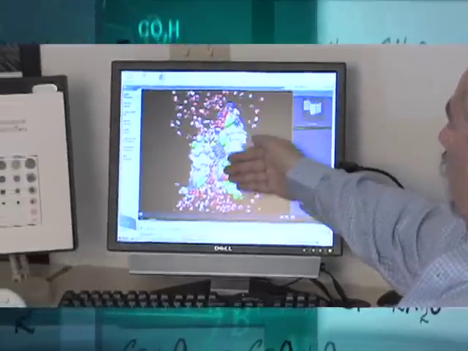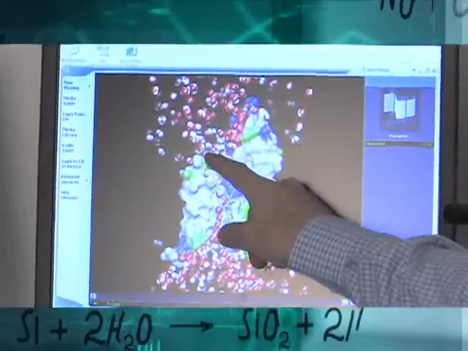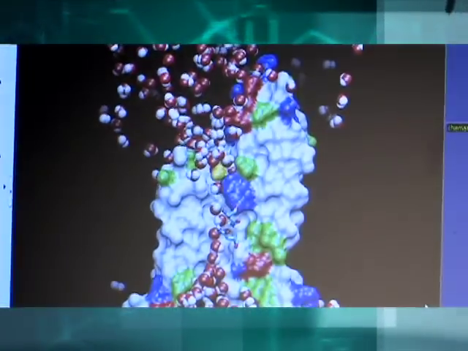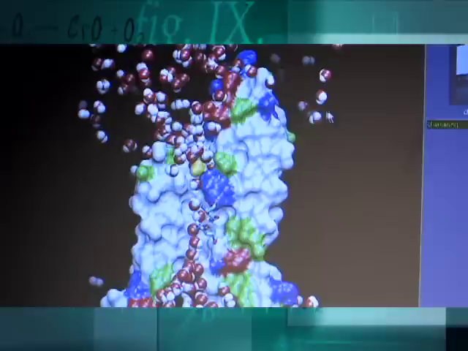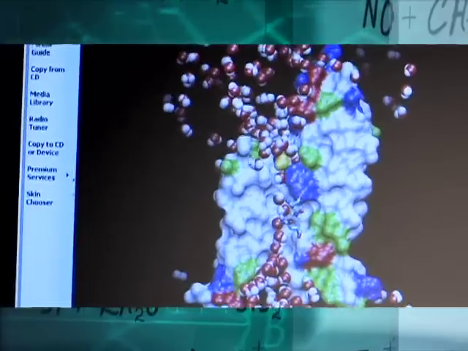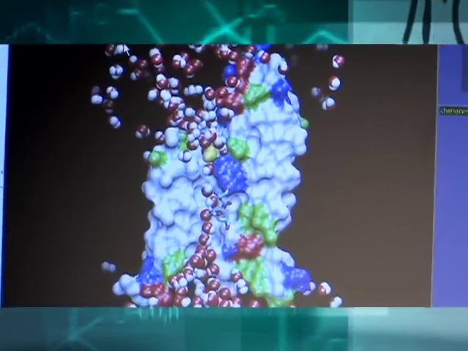This is a cross-sectional view through a cell, and the actual aquaporin, the pore, is right here. And this is going to show how a water molecule approaching this pore will eventually move down this channel and into the cell. Each one of these molecules is an H2O molecule.